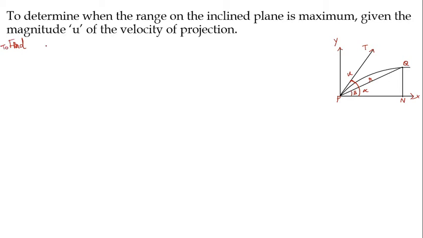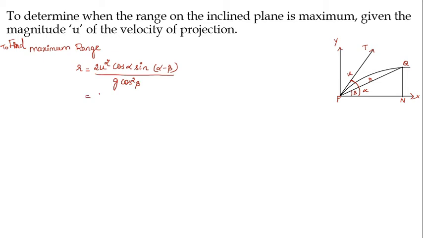To find the maximum range, we know the formula for range on an inclined plane: R equals 2u square cos alpha sine of (alpha minus beta) divided by g cos square beta.